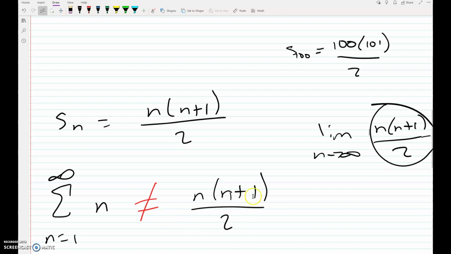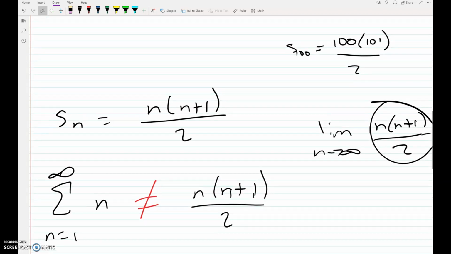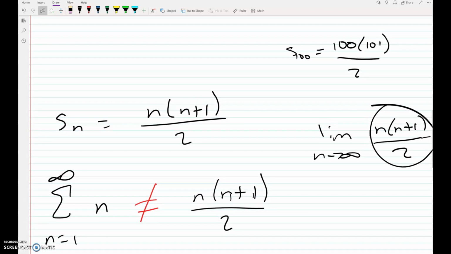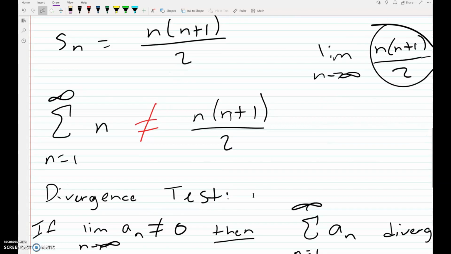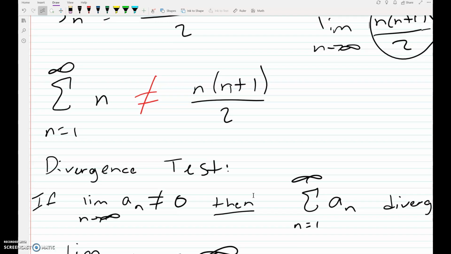So in the homework, I asked you to determine whether or not a series was convergent or divergent based on the equation of the partial sums. And I saw somebody use the divergence test to determine it, and that's not the case.